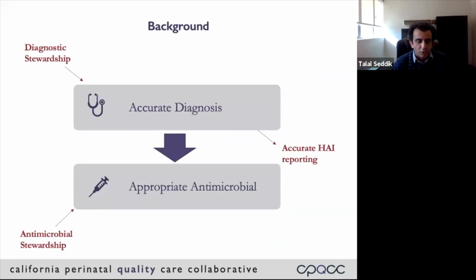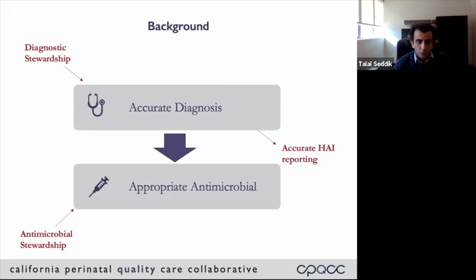How do we prevent excessive antimicrobial use? You can start with diagnosis, because accurate diagnosis will lead to reduced antimicrobial use if you reduce inappropriate diagnoses of, for example, UTIs or VAPs, which we know a lot of times we overdiagnose.